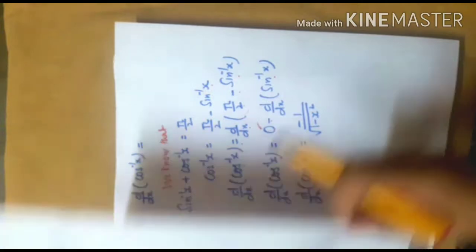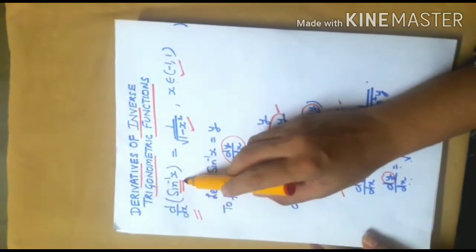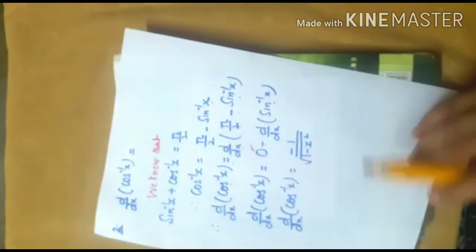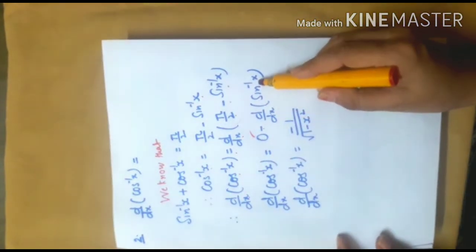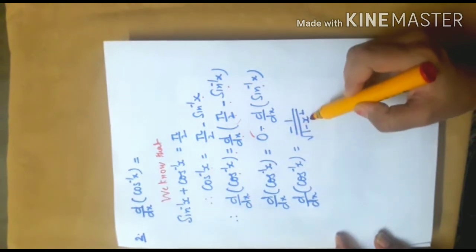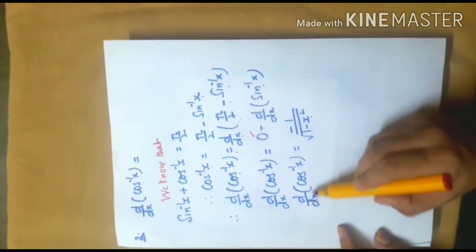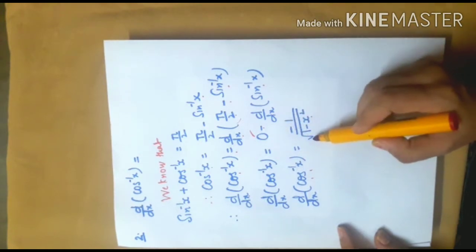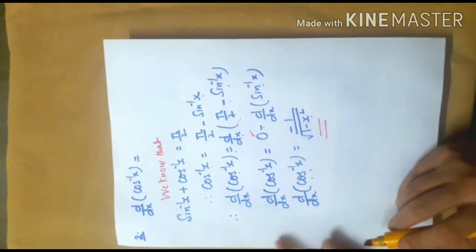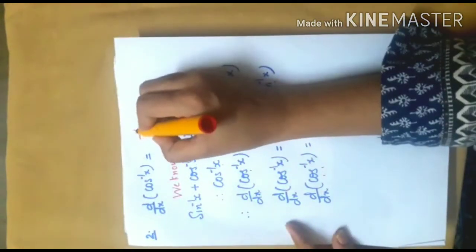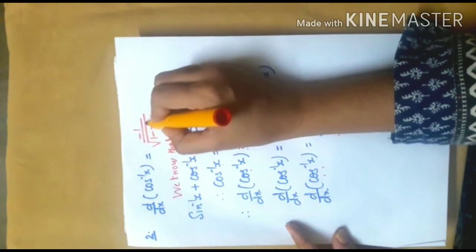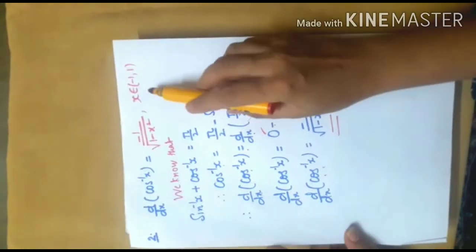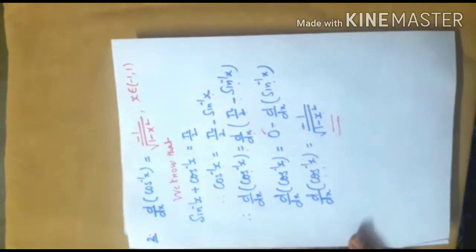We have just now shown that the derivative of sine inverse x is 1 over square root of 1 minus x square. So I'll get the derivative of cos inverse x as negative 1 over square root of 1 minus x square, and x should belong to the open interval minus 1 to 1.